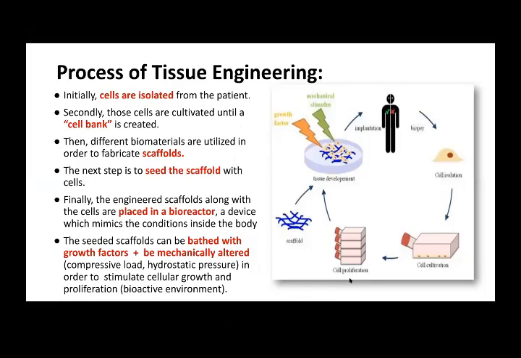Then these different biomaterials are utilized in order to fabricate these scaffolds, which is a part of the triad for tissue engineering: cells, scaffold, and then comes the signaling molecules, the mechanical stimulus, growth factors, proteins that are used, and the bioreactors, obviously, in which the engineering scaffolds are placed.